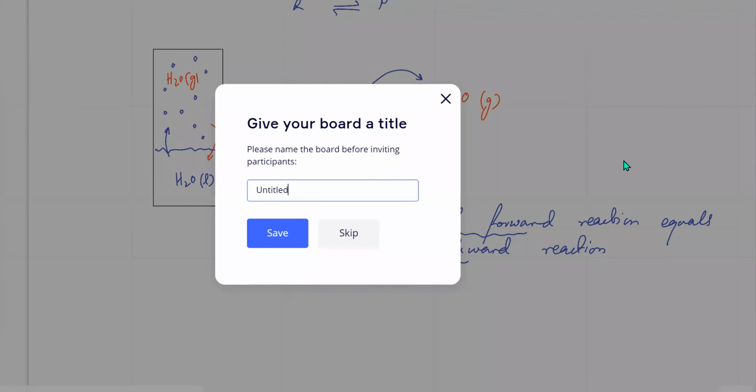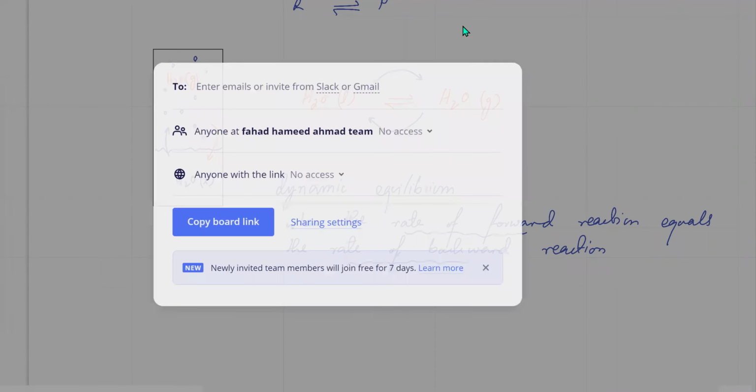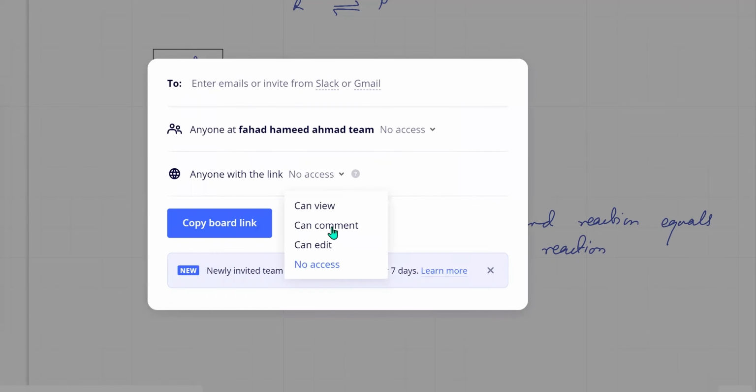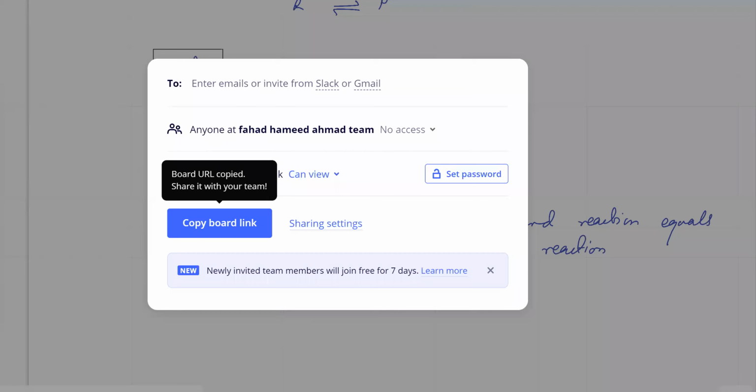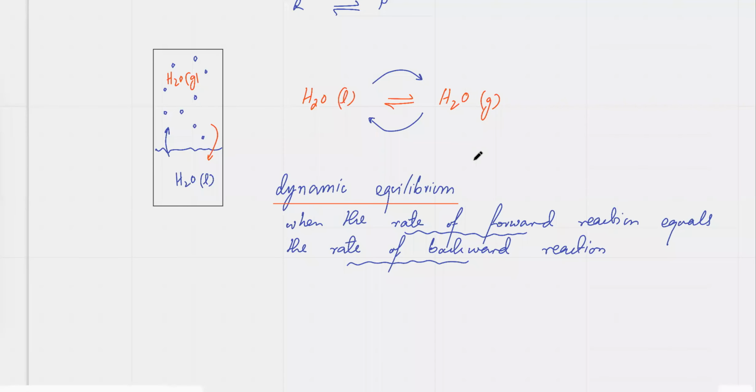So I've sent the board link. Just remember what a dynamic equilibrium is.